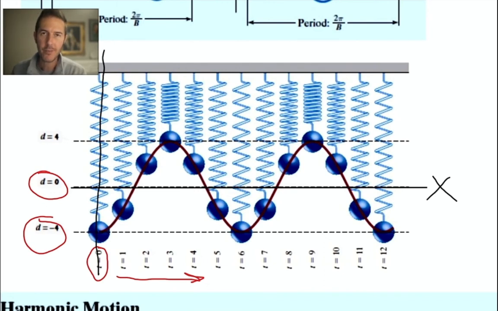The basic sine graph passes through the origin naturally; it starts at 0, 0. This graph, the path of this object, is not starting at 0, 0. So that compels me to probably use the cosine graph in order to model what we're seeing here.